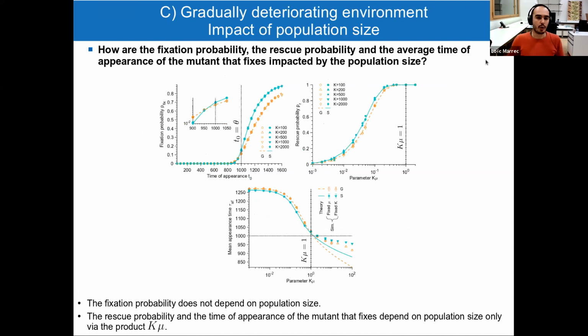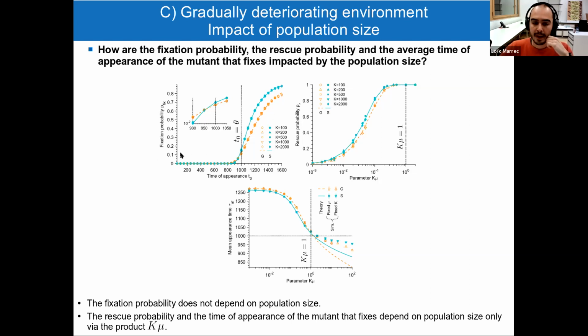And yeah, and so then a question I asked myself was, how are the fixation probability, the rescue probability, and the average time of appearance of the mutant that fixes impacted by the population size? And so, as you can see on this figure, the fixation probability doesn't depend on the population size.